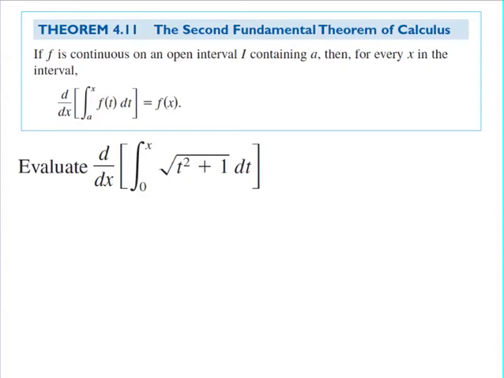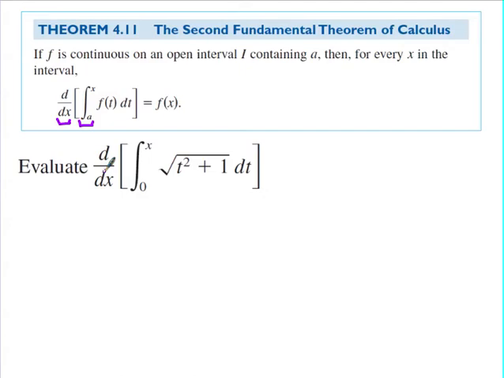So basically what I want you to do is look at this. It says if f is continuous on an open interval I containing a, then for every x in the interval, d dx of the integral of f of t dt from a to x equals f of x. Okay, now in a nutshell, what this is saying is that you're taking the derivative of an integral.